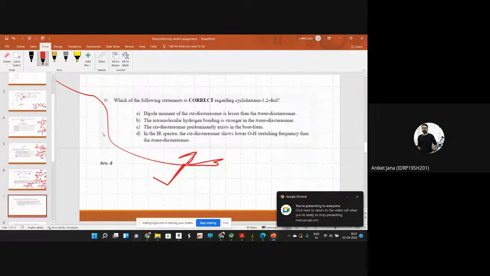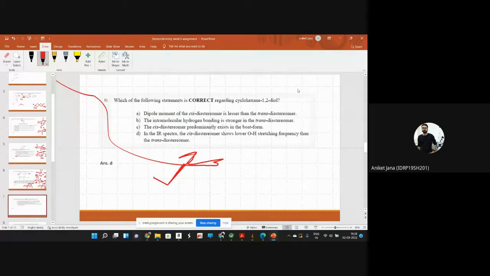So it is regarding the cyclohexane 1,2-diol. Let's first draw the cis and trans isomers separately.